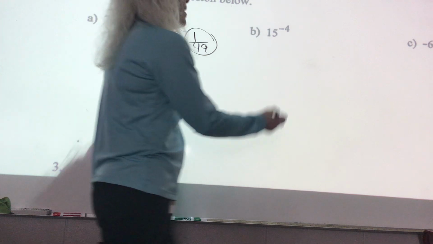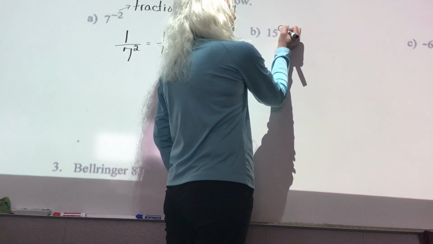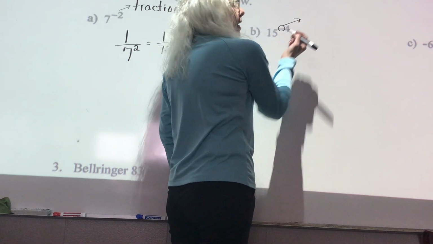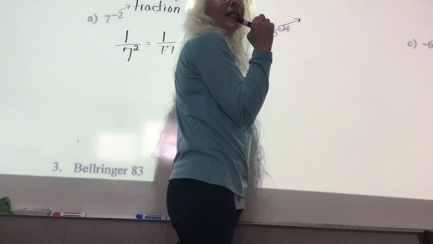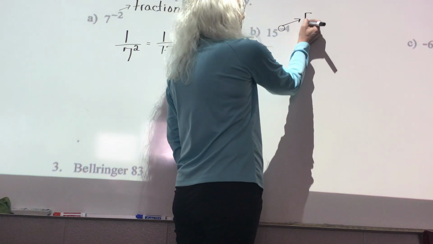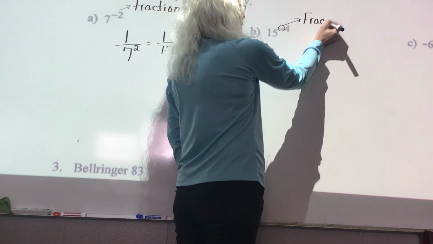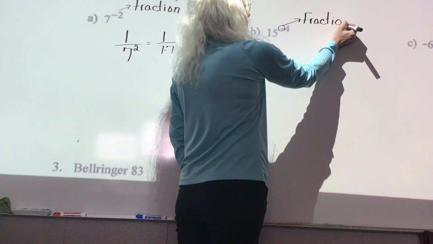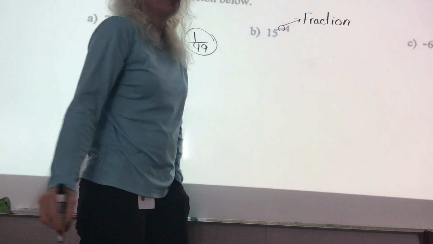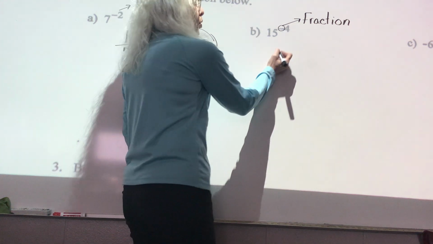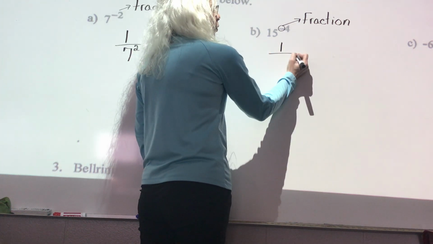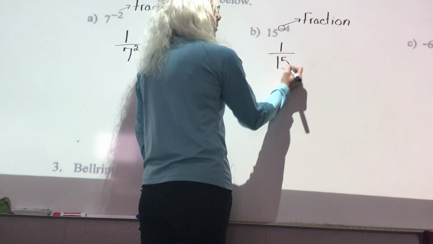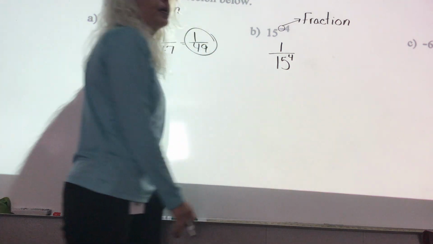Problem B, we have that negative exponent again, so circle the negative and write down what that negative tells me about this problem. It's a what? Fraction. So we're going to write this in fraction form. Use 1 as your numerator, and then make the exponent positive.